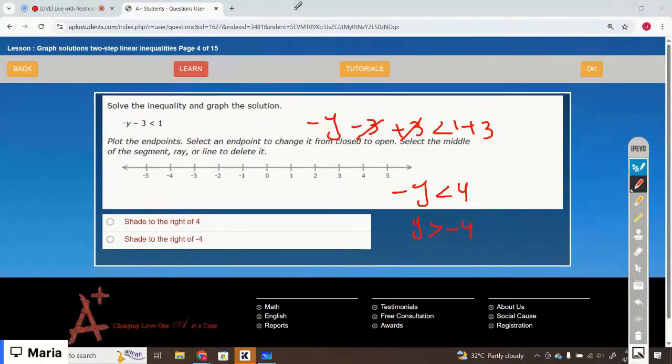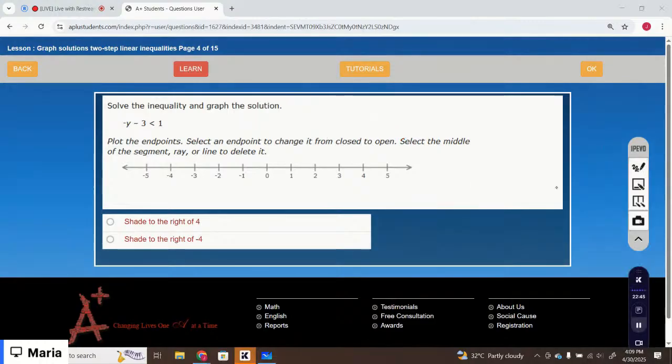That is shade to the right of negative 4.